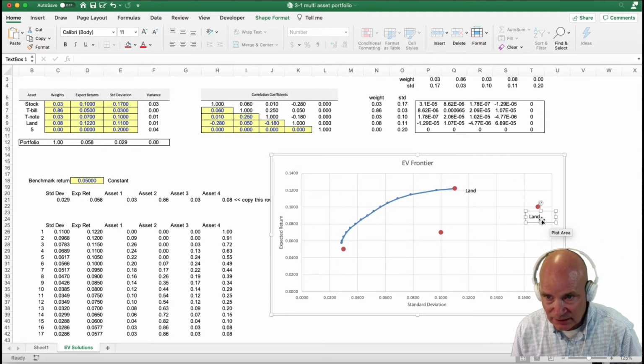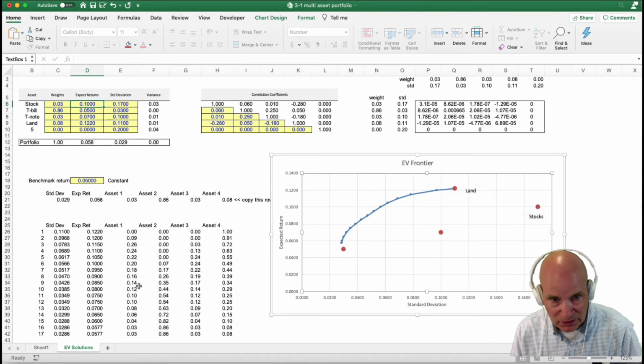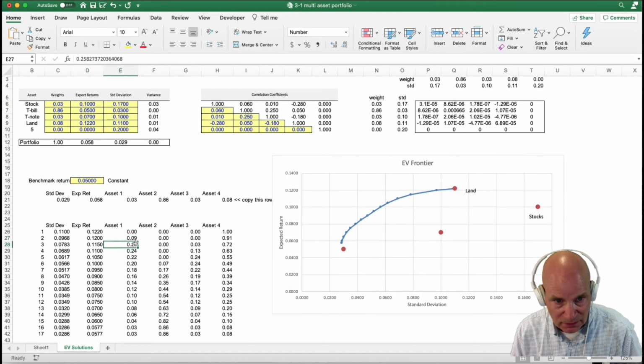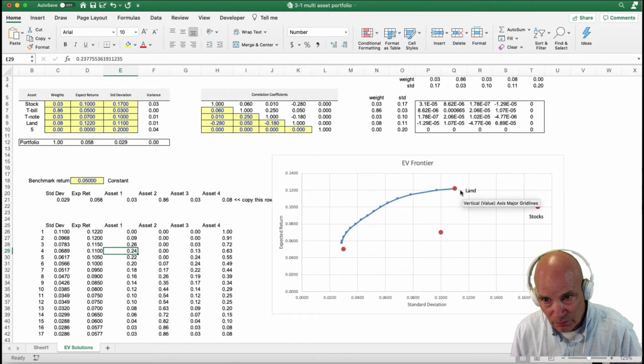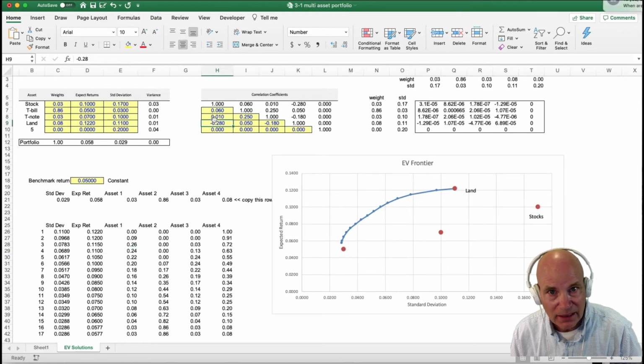This is stocks over here. Very high risk, right? But it does come into our portfolios, even though it's high risk. We start adding it to our portfolio with land. It comes in because land and stocks have a negative correlation.